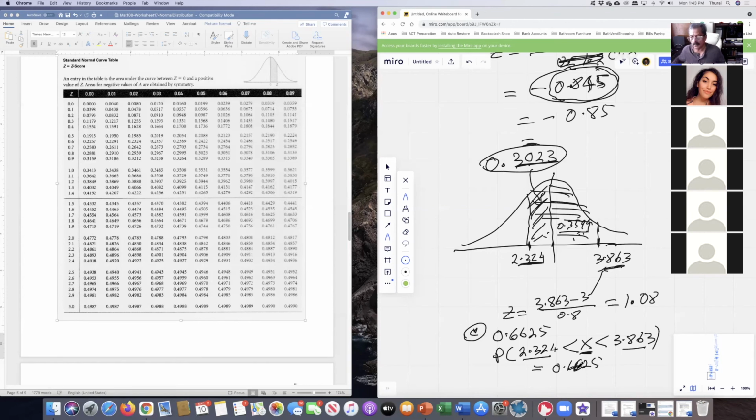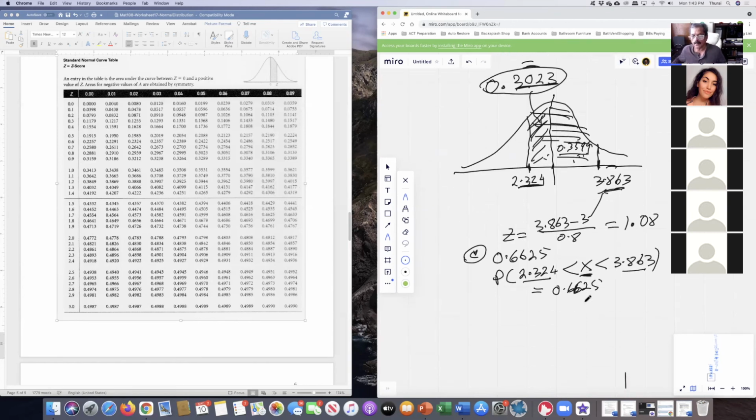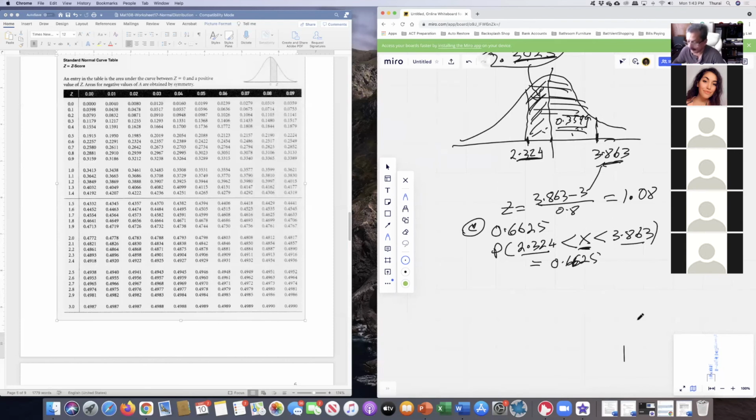Sometimes the question will be asked differently: what percentage of the area under the normal curve is between those two? The probability is the same as the percentage, remember? So 0.66 is the probability, meaning 66.25% is the percentage equivalent of this probability number. You just multiply by 100, and that gives you the percentage form of the probability.